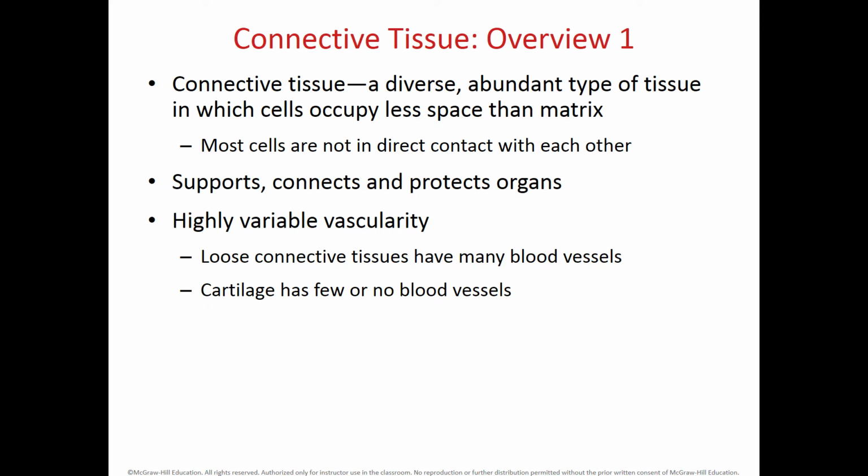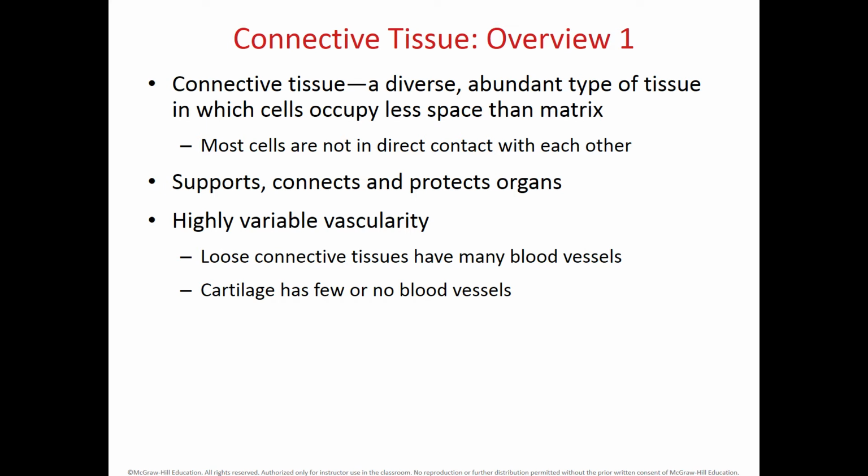One difference between cartilage and bone is that bone is highly vascular, while cartilage is not vascular. So these are the key points. And when we talk about vascularity, it is how much blood supply they have. So bone has a lot of blood supply while cartilage doesn't. So that's the last key point then.